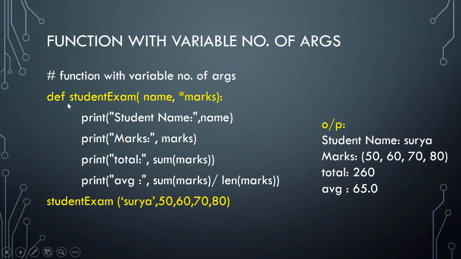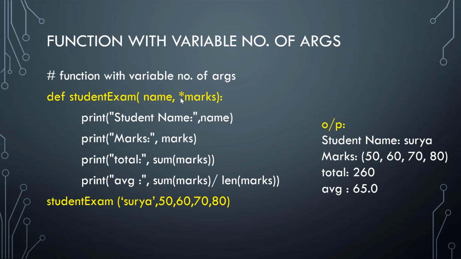And within brackets, I'm passing name, a required parameter, comma star marks. This is also required. But what does the star denote? Star denotes n number of arguments, in the sense, variable number of arguments. You can pass two values or 10 values or 8 values, n number of values, because the number of marks is different from student to student.